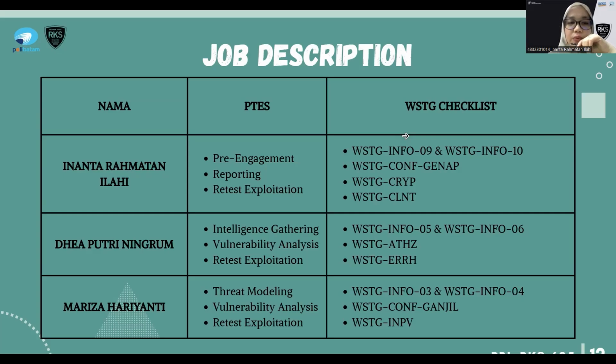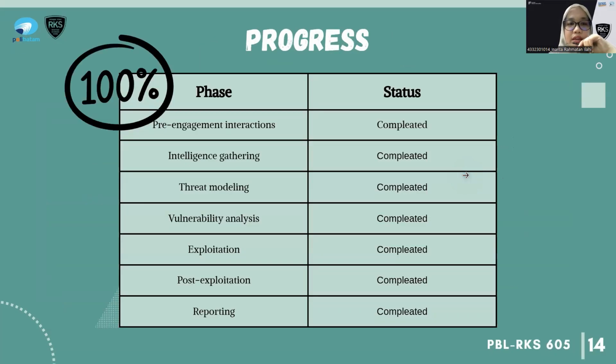As for WSDG, each of us also has a specific checklist that must be completed. Next, the PBL project we are working on is 100% complete in all phases of the PTES.